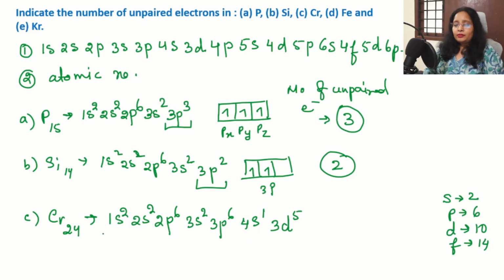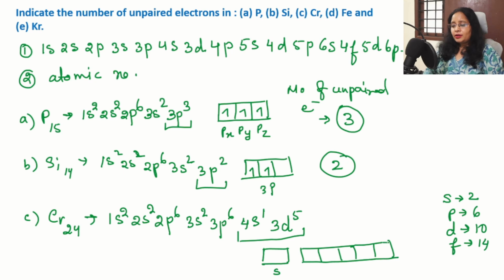Now, here we can see which are half filled, or we can say partially filled, are 4s and 3d. So we will draw the structure of these two. This is S and this is D. 1, 2, 3, 4, 5. 5 compartments are there in the D orbital.